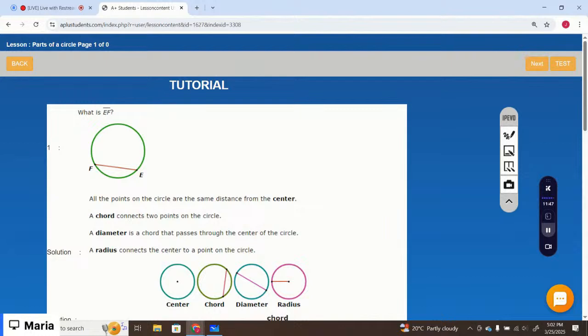EF is the chord that just connects 2 points on the circle, right? All the points on the circle are the same distance from the center, and a chord connects 2 points on the circle. A diameter is a chord that passes through the center of the circle. So the diameter is the line that passes through the center and connects 2 points. And then a radius connects the center to a point on the circle. Any point on the circle that connects with the center is a radius.